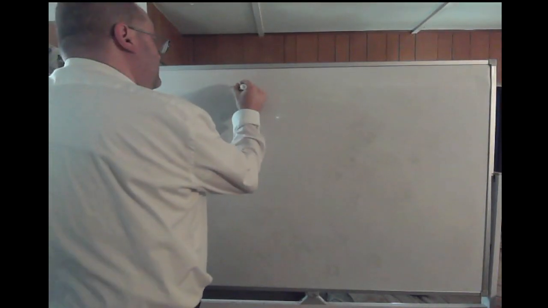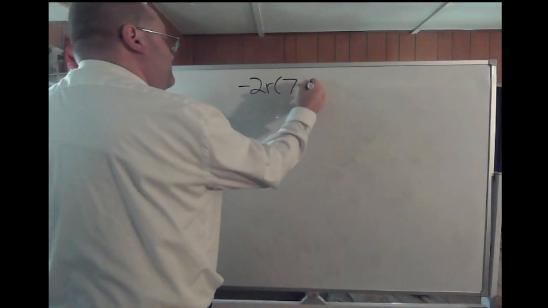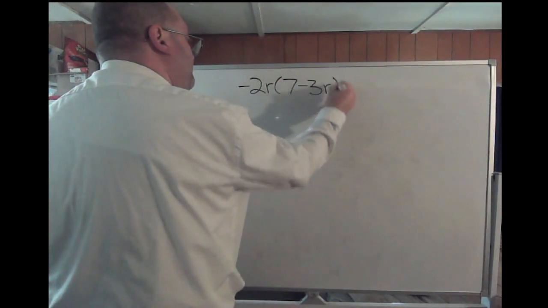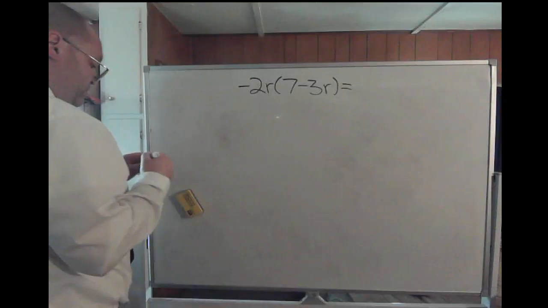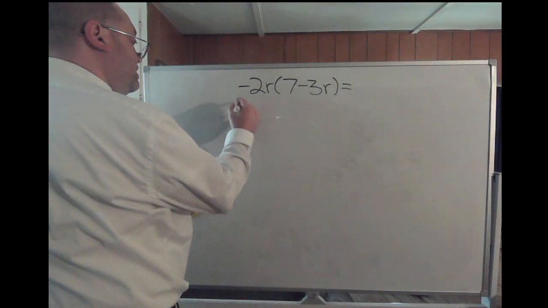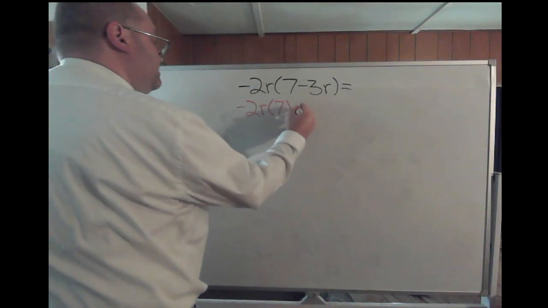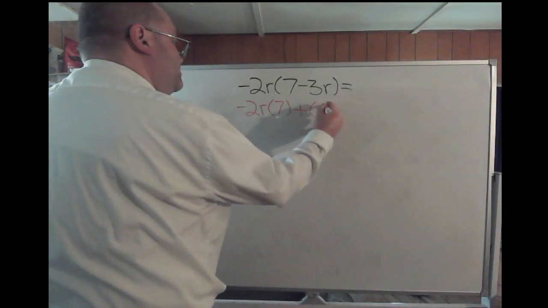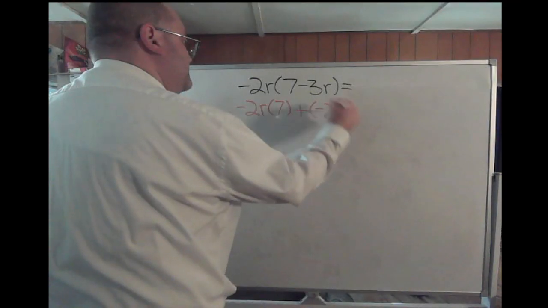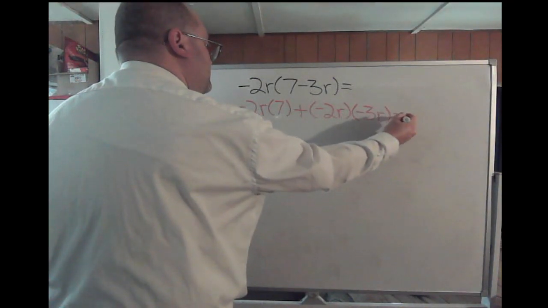Alright. Let's see. We got negative 2r times a quantity of 7 minus 3r. So you'll take your negative 2r, you'll multiply that by the 7 first, plus your negative 2r on the outside of the parentheses times that negative 3r inside the parentheses.